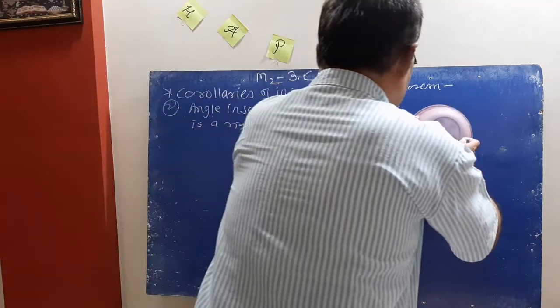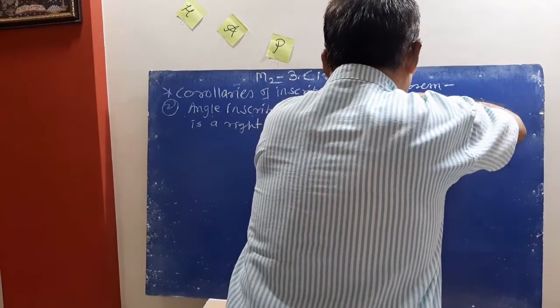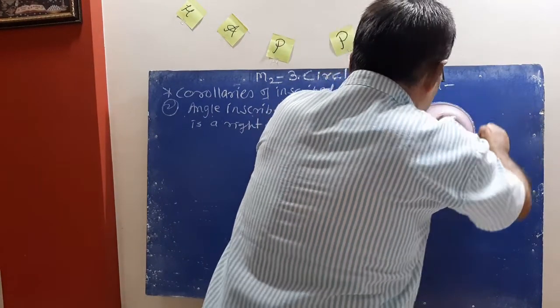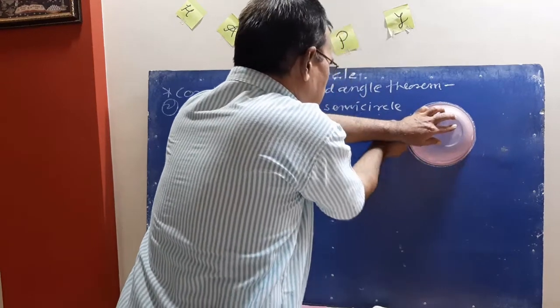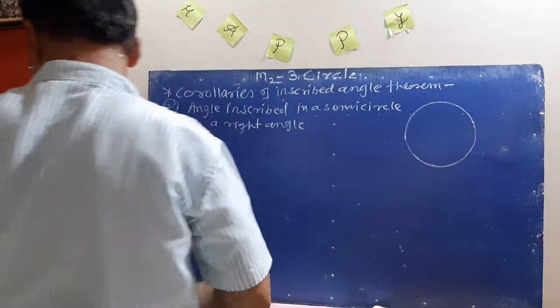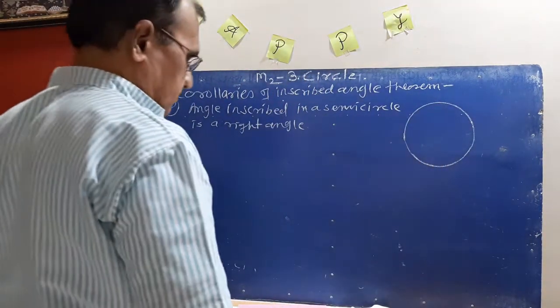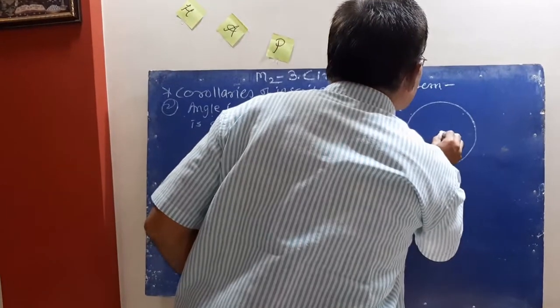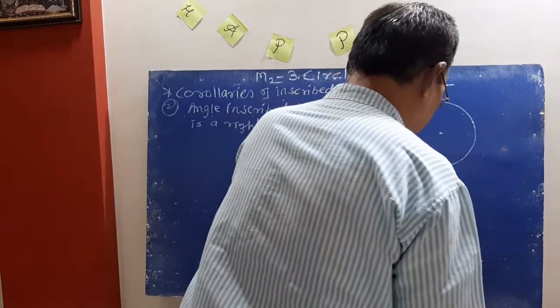Again, draw the circle having a convenient radius. This is the center of the circle.